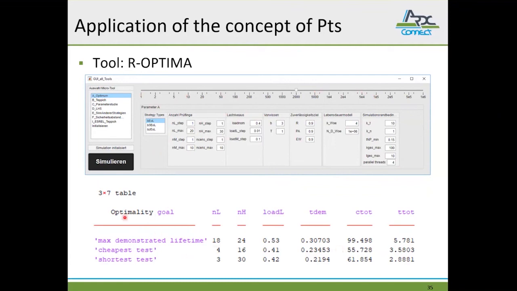Here we have different optimality goals. The first one is the maximum demonstrated lifetime. So from all the test configurations that we considered, which one is the best test that demonstrates the highest lifetime.